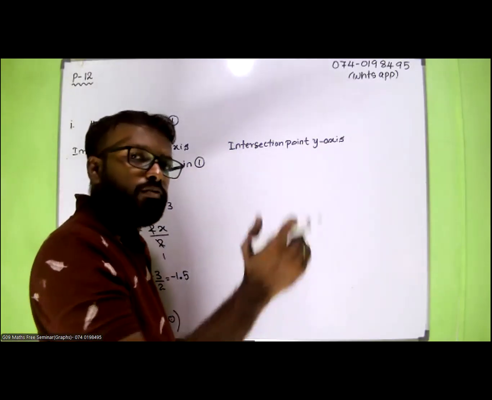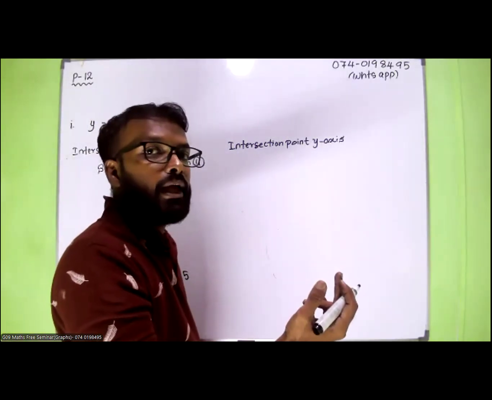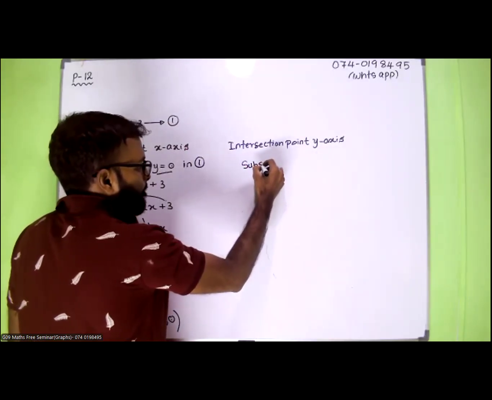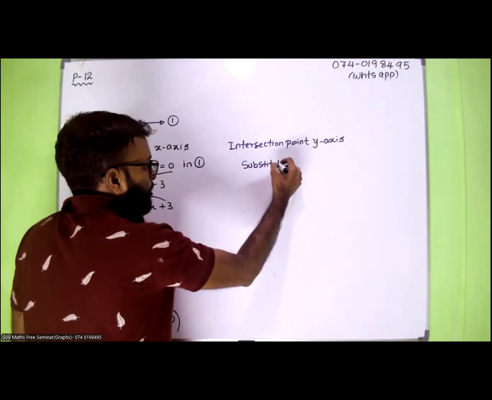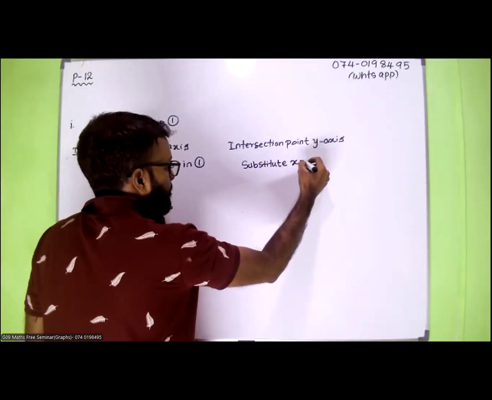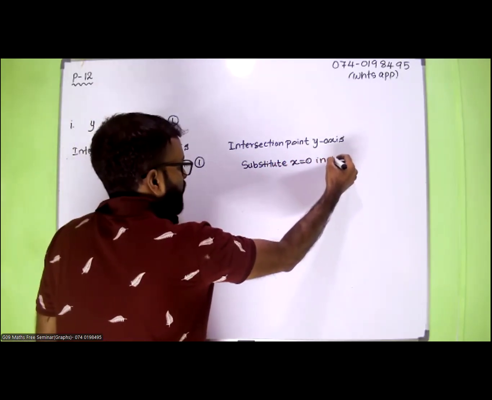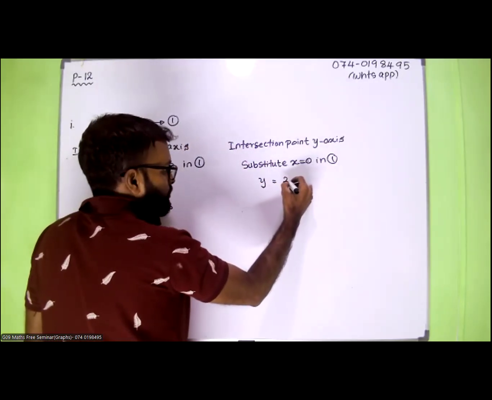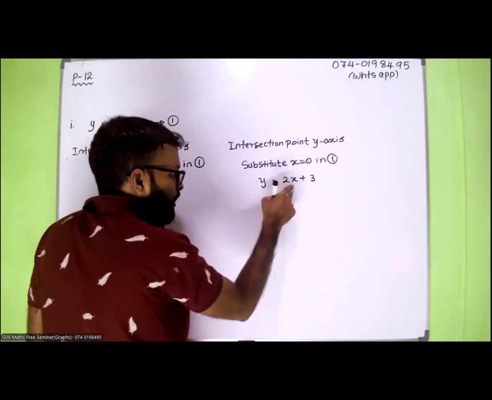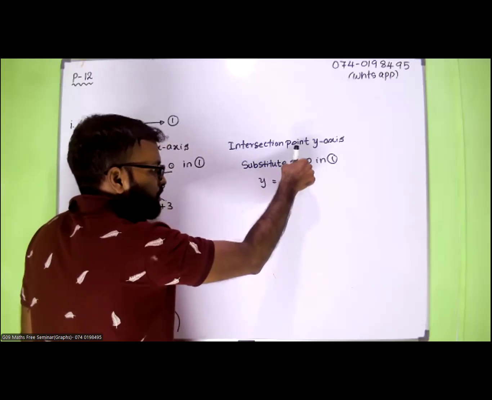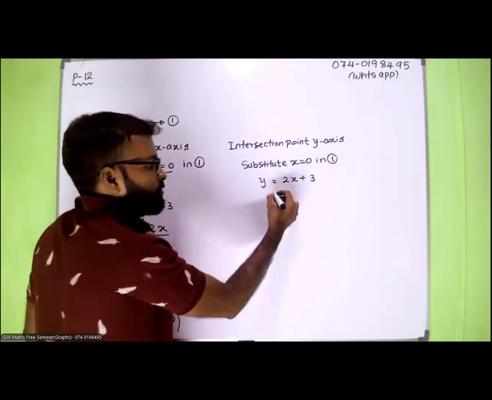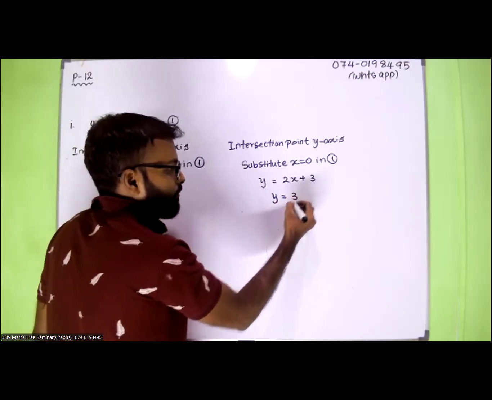If you are going to find the y-axis intersection, then substitute x equals 0 in our function. Our function is y equals 2x plus 3. Instead of x, I am going to substitute 0. If you substitute 0 here, this whole term becomes 0. So y equals 3.